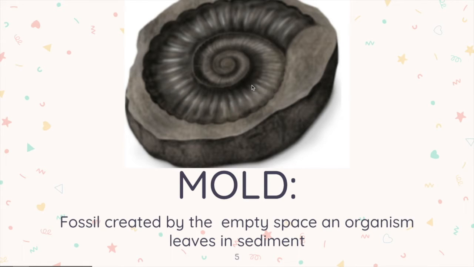A mold is a fossil that is created by the empty space an organism leaves in the sediment. When an organism makes its imprint, it leaves an empty space based on the shape. That is a mold.